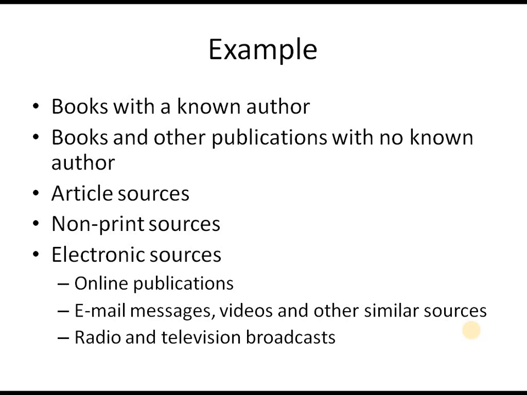Non-print sources include interviews, telephone conversations, as well as other oral and non-print personal communications. Personal communication sources should generally not be indicated in the list of references, since the information gathered from such sources is by its very nature unrecoverable, and because it may have come about as a result of the writer's research.